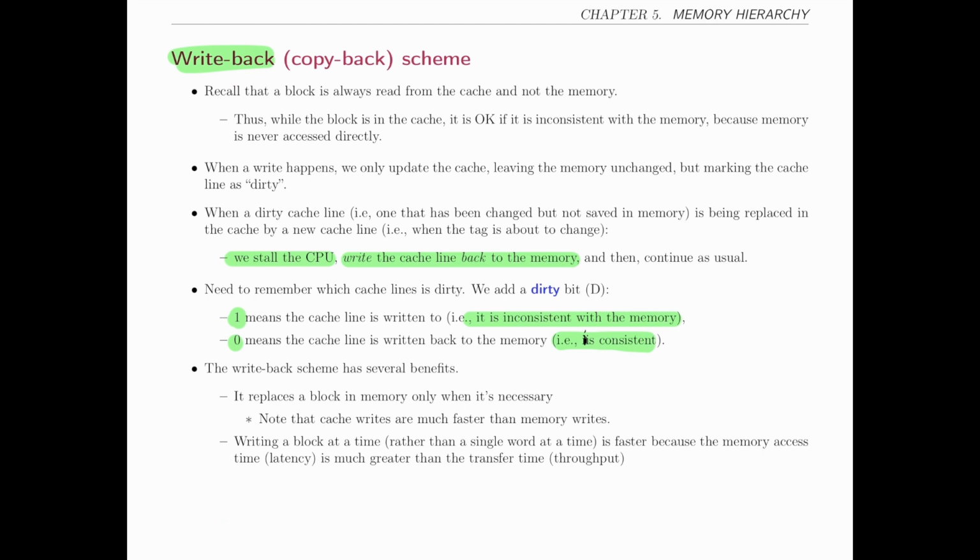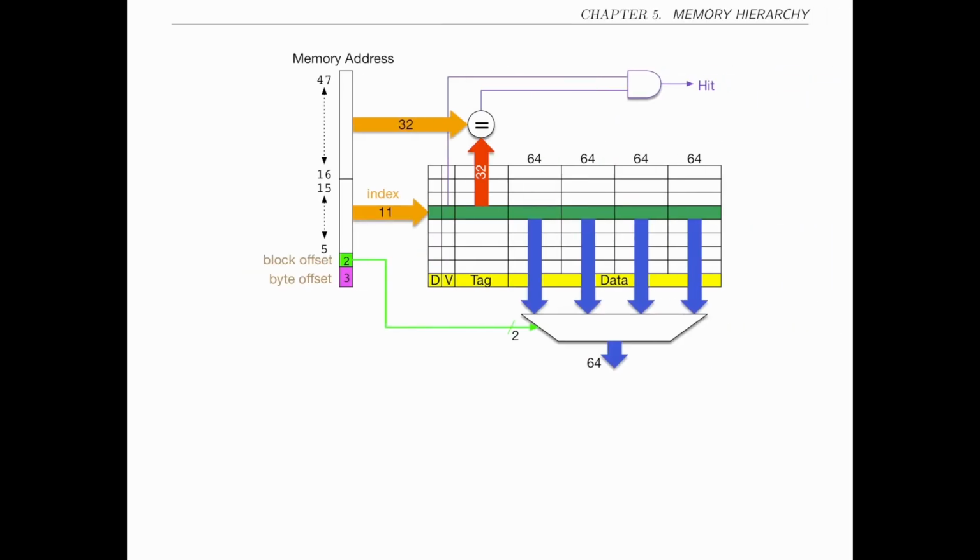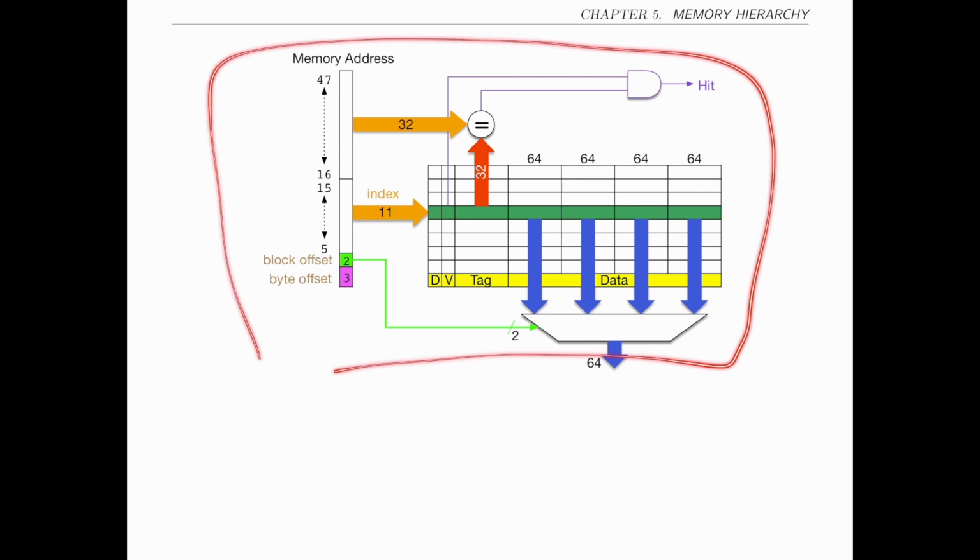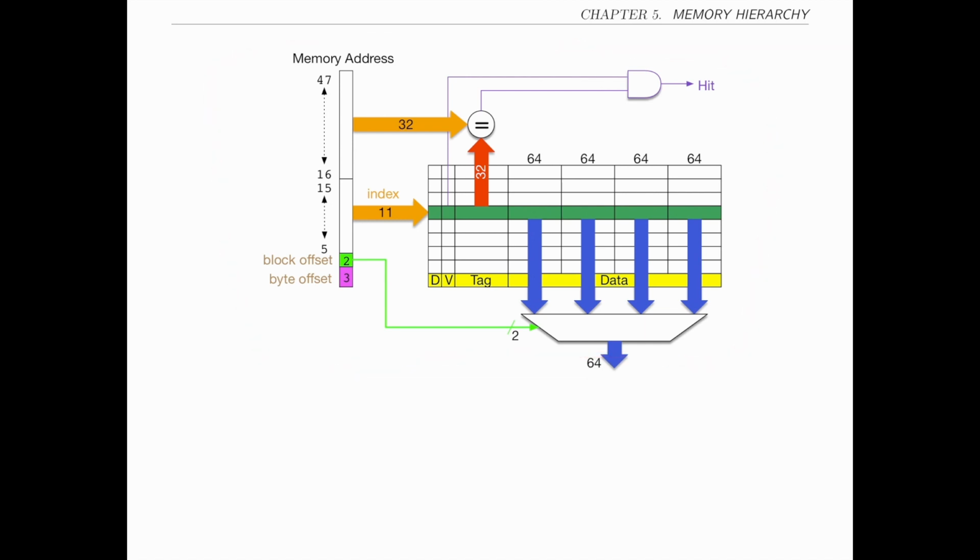So that's the main benefit that we get from write back. And in fact, if you want to look at the design of a write back, this is basically what I was drawing, right? This is our previous design with the full block. We now have added a dirty bit as well to it. Nothing else changed if you have this write back scheme, except that you need to add this dirty bit.